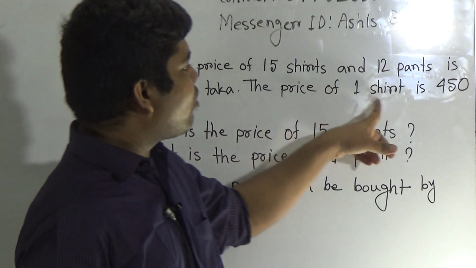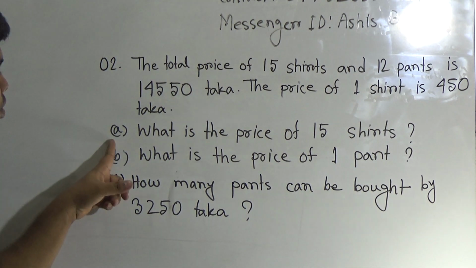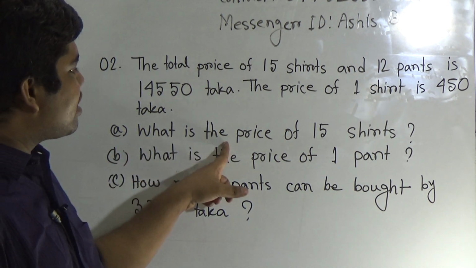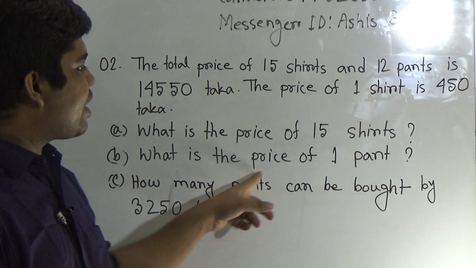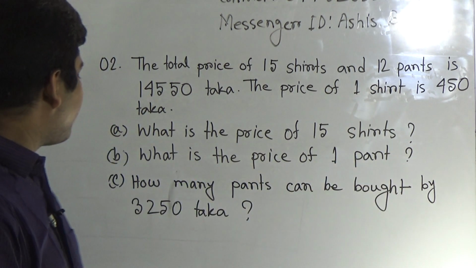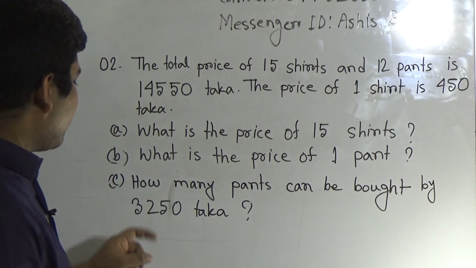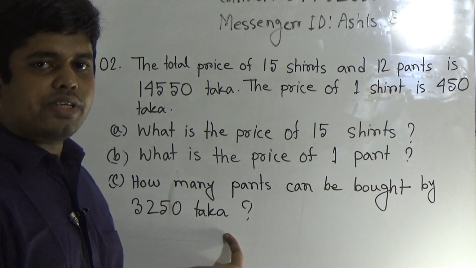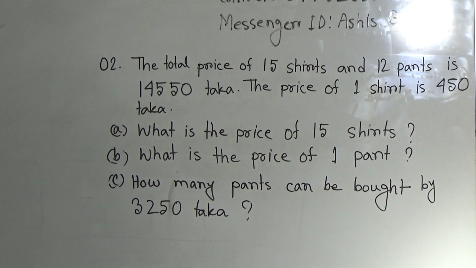The price of one shirt is 450 taka. Number A, what is the price of 15 shirts? Number B, what is the price of one pant? Number C, how many pants can be bought by 3,250 taka?